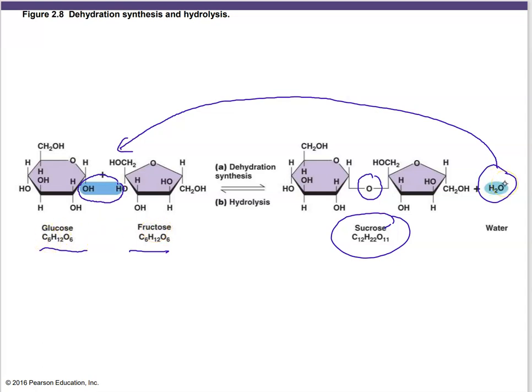So the hydrolysis reaction would be to put the water back in and break the sucrose into fructose and glucose. The dehydration synthesis is taking the water out and making the sucrose from combining glucose with fructose. And so here you have the two different reactions. Dehydration synthesis goes in this direction and hydrolysis goes in that direction, just to be clear.